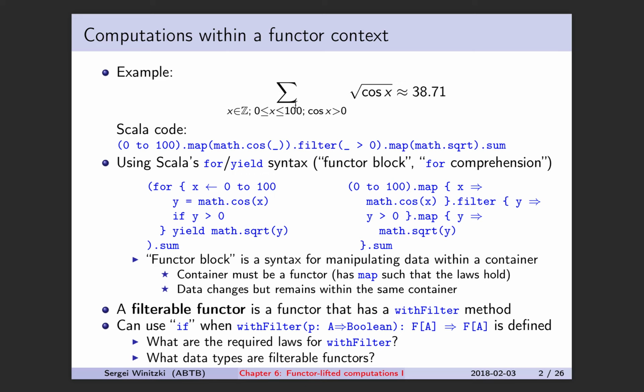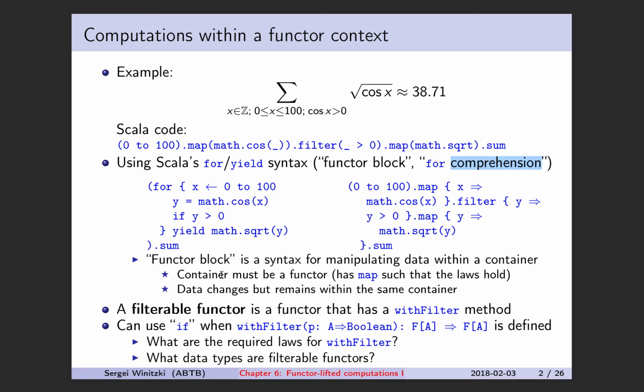And this is something we already know from previous chapters. I start with this example to show that this computation can be expressed in a more visual way using the for yield syntax in Scala, which is usually called for comprehension, but I find it not very comprehensible as a term, so I prefer to call it a functor block or a for yield block.